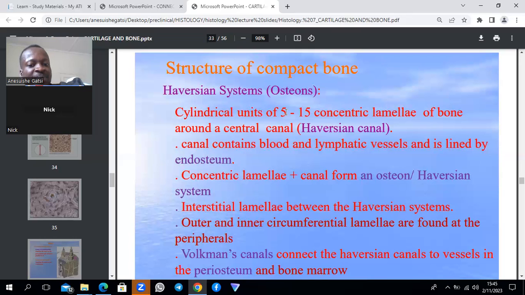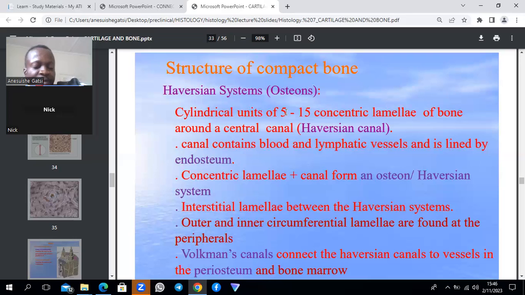And those perforating canals, do you think they have another name? Perforating canals, yes. Do you think they have another name? The Volkmann's canals, eh? Yeah. Then those Volkmann's canals, what do they do?